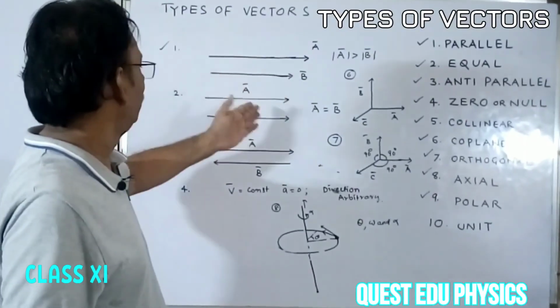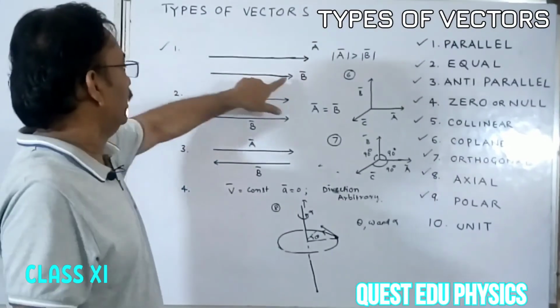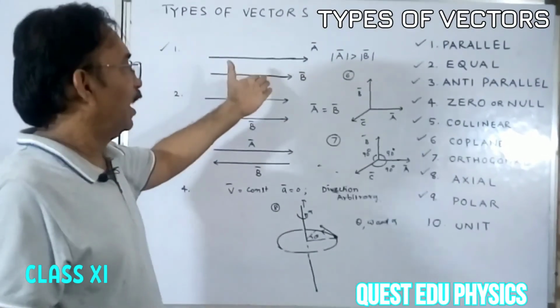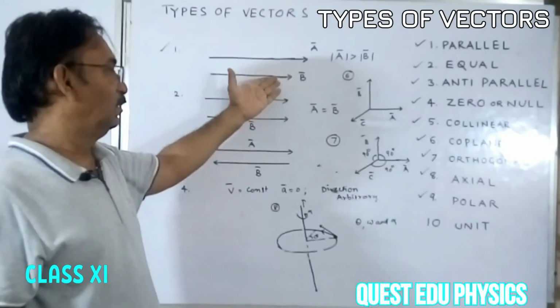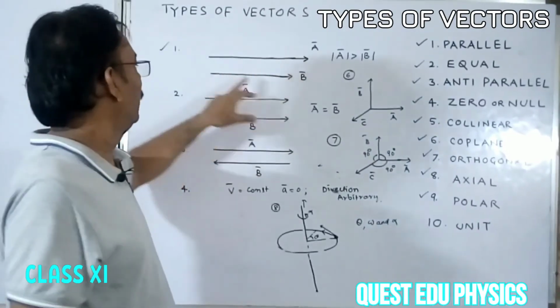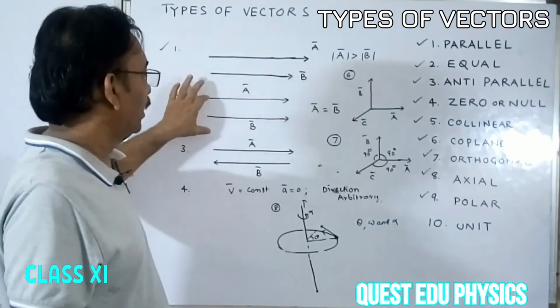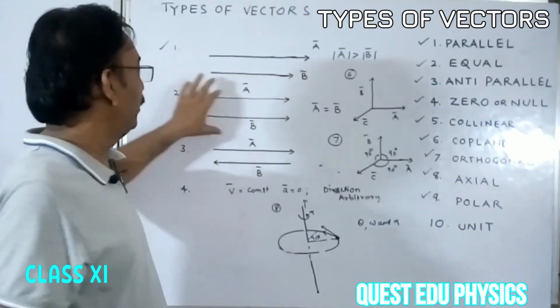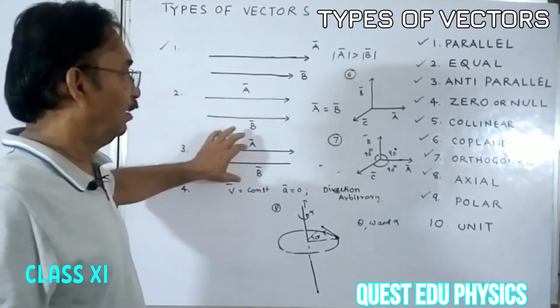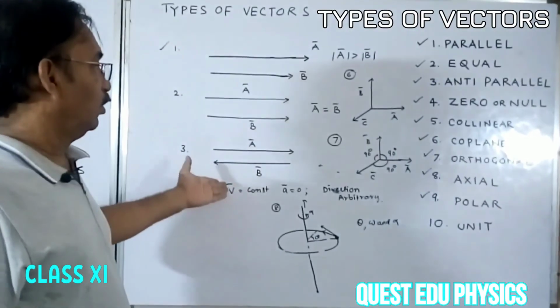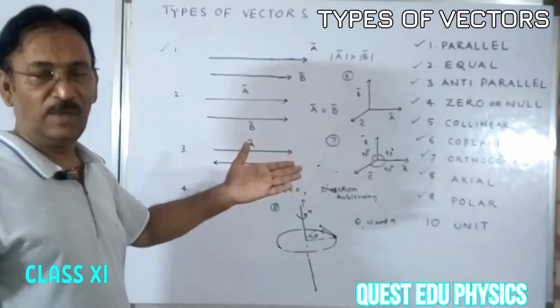These are parallel. If you keep this vector in the opposite direction, it is called antiparallel. Know that. And if two vectors have equal magnitude and the same direction, we call them equal vectors. And here I told you what the zero vector and other vectors are.